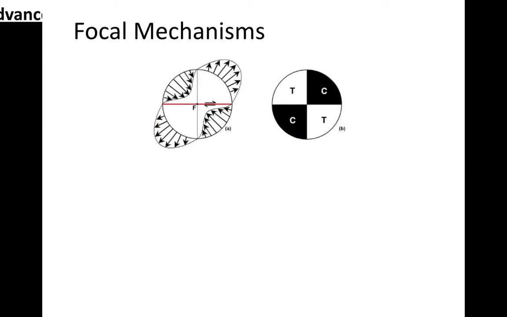So individual earthquakes can be expressed as focal mechanisms, or beach balls, which are stereographic representations of two mathematically equivalent fault planes over which slip occurred, and also indicate the type of slip that occurred. In the example of the strike slip fault shown here, we have two equivalent fault planes.